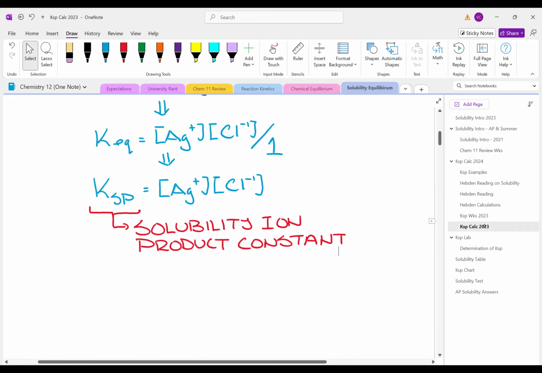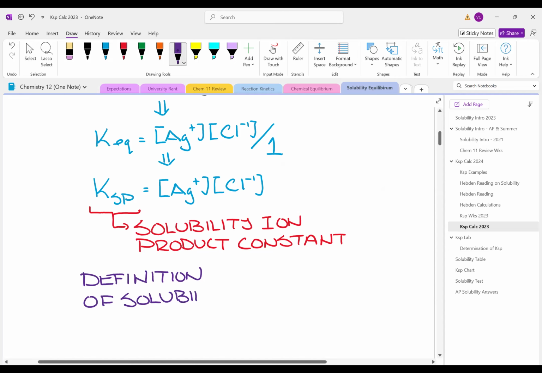Now, one thing I would like you to be aware of is this: the definition of solubility is not the same as the definition of KSP.